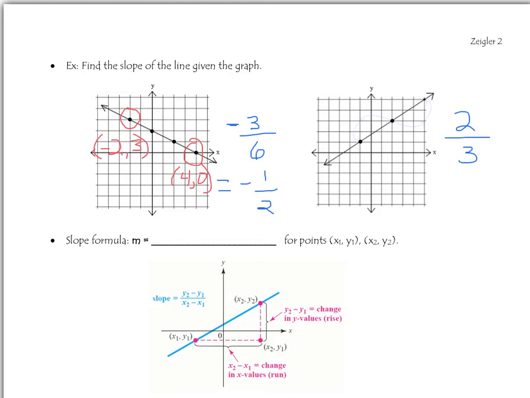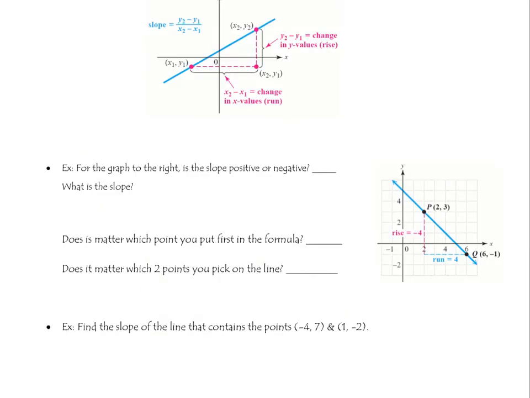So the formula for slope is y2 minus y1 over x2 minus x1. And remember to be careful with your signs. You should be able to just plug in your values for x and y, and it'll show you the sign of your slope. And then also be careful to reduce your fractions.